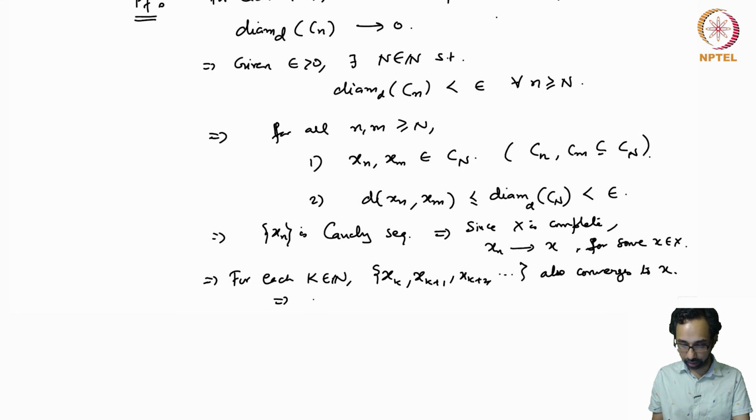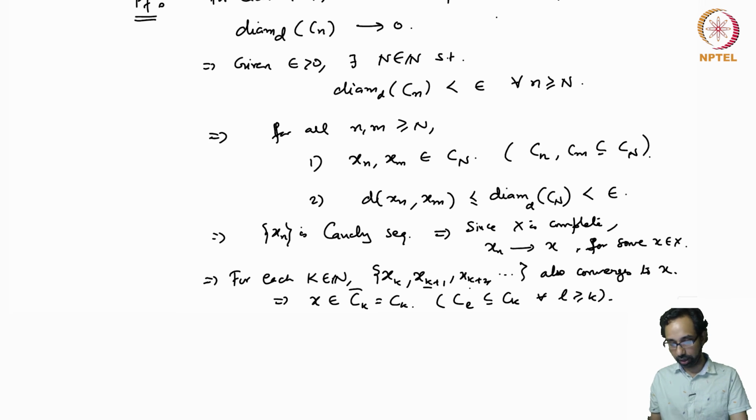And note that this implies that x belongs to the closure of Ck, but since Ck is closed, this is just Ck. This is because Cl is a subset of Ck for all l greater than or equal to k. And so all these points xk plus 1, xk plus 2, etc., they all belong to Ck.